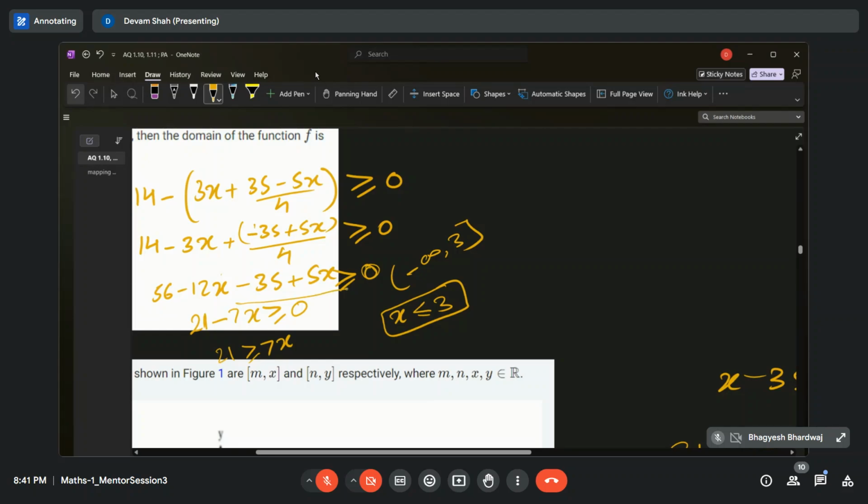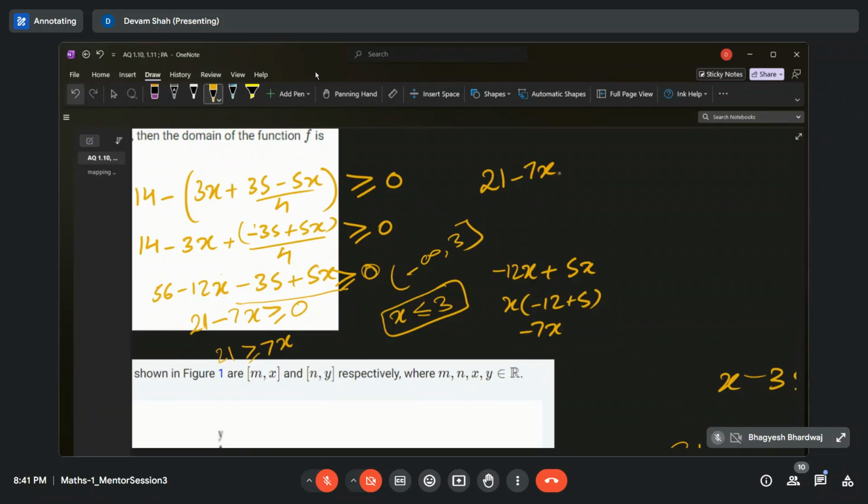So till here is fine. Now, what is 56 minus 35? It's 21. What is minus 12x plus 5x? It will be x of minus 12 plus 5, minus 7x, right? Yes, sir. So minus 7x. Thank you, sir.